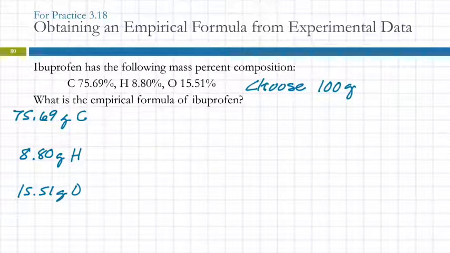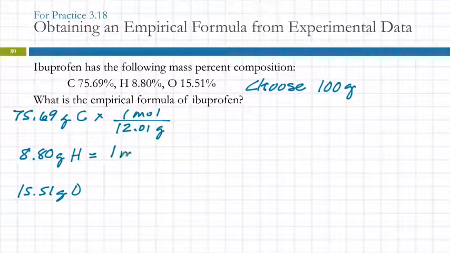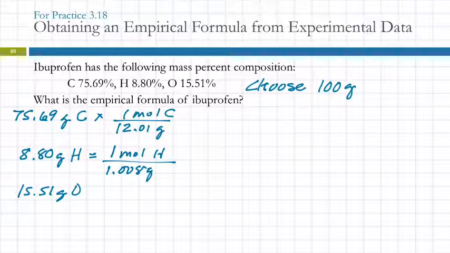And this is where things begin to get a little repetitious. Convert the grams to moles. So 1 mole of carbon is 12.01 grams. This is 1 mole of hydrogen, 1.008 grams. That's not equals, that's times. And oxygen, 16.